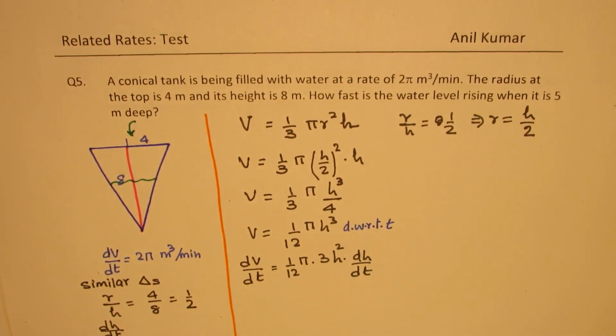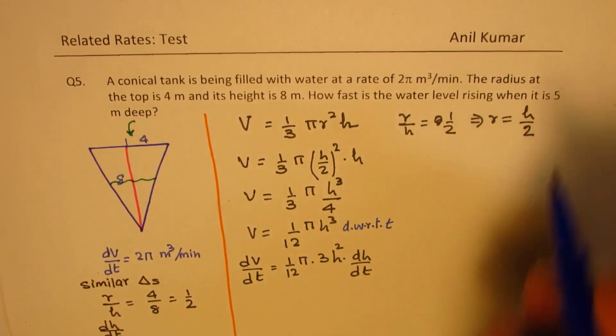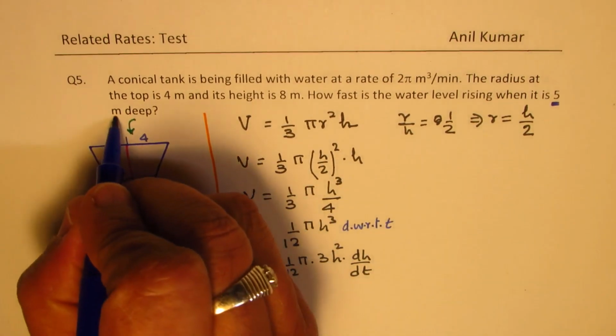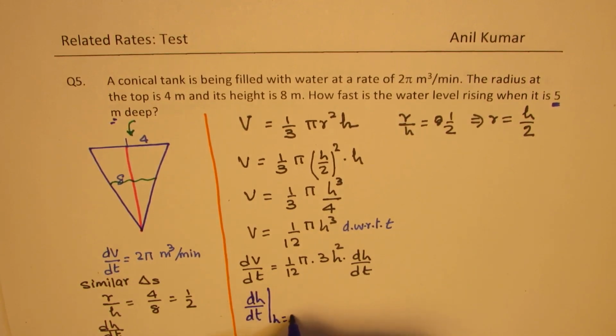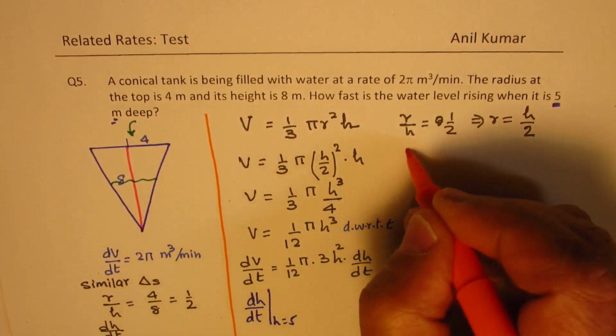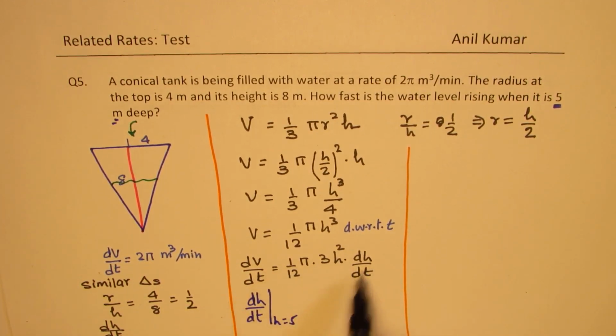We need to find the rate of change of height when the height is 5 meters. So we need to find dh/dt when h equals 5. We know dV/dt is 2π, so we'll substitute these values and isolate dh/dt.